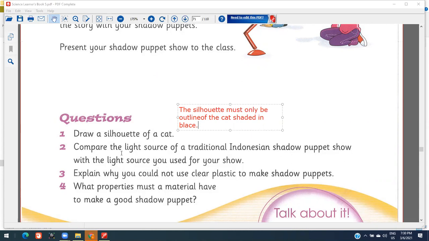Question number 2. Compare the light source of a traditional Indonesian shadow puppet show with the light source you used for your show. In the past, traditional Indonesian shadow shows used a bowl of fire, because this was ancient, old time.